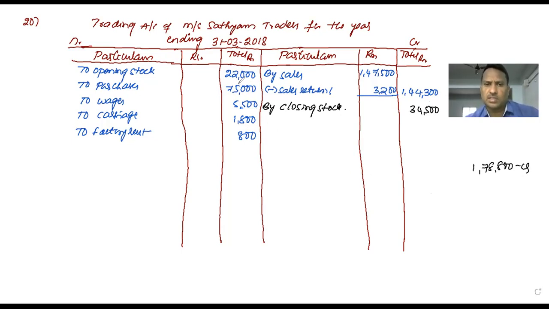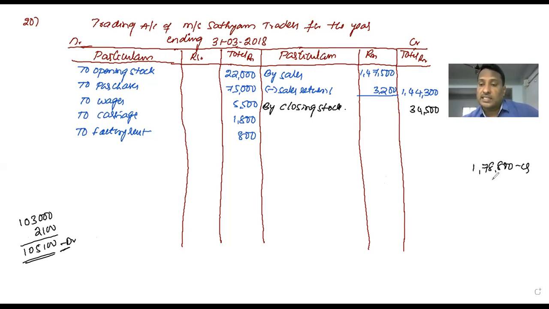First we total the thousands: 22, 75, 97, 102, 103. 103,000. Next, hundreds: 8 plus 5, 13 plus 8, 21. So 1,05,100 is the total amount of debit. The total credit is more than the total debit, which means the profits are more than the expenses. Ultimately, the result is gross profit.